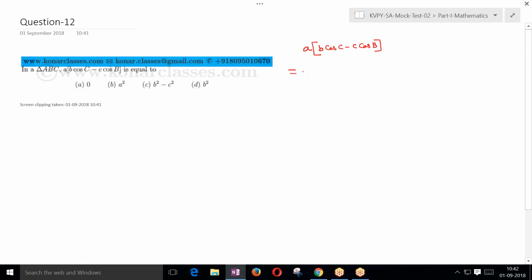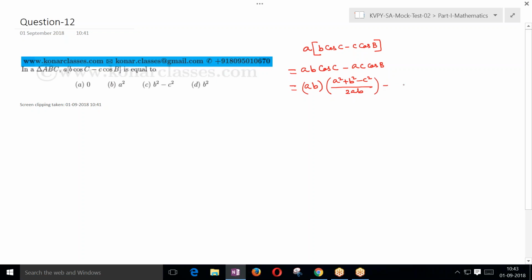So this is equal to a into b cos C, which we can write as AB into cos C minus AC into cos B. What is cos C? There is a formula for cos C, and that is equal to (a square plus b square minus c square) divided by 2ab.